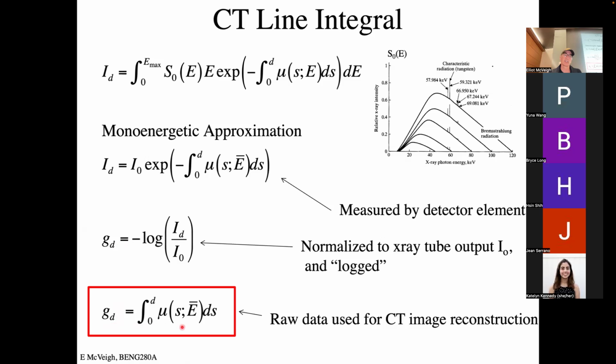And we get this thing G_D, which is just the integral of those attenuation coefficients, which is really cool. That's a big step. Now we just have a sum. Basically, if you think of an integral in its discrete or finite form, and I've got 500 voxels, I just have the sum of the mu value in each one of those voxels equal to this thing.